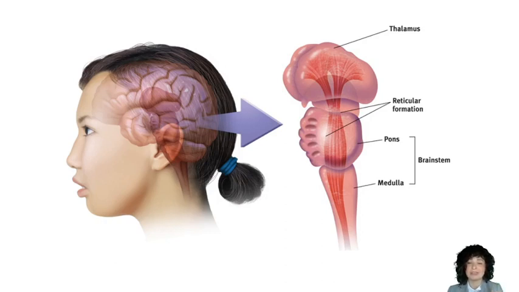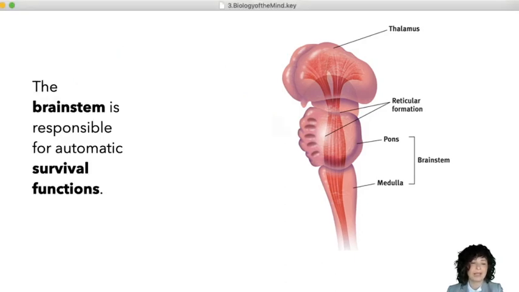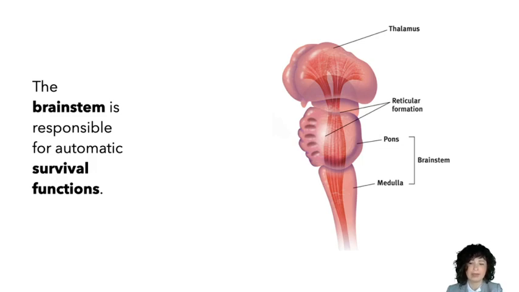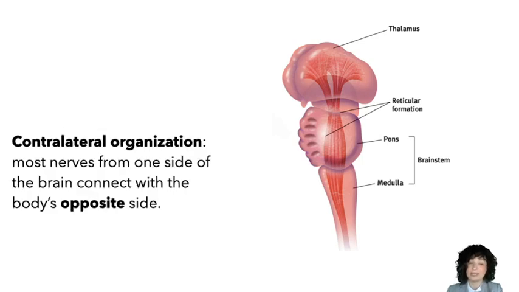And because this is the evolutionarily oldest part of the brain, it's also the part that's going to be doing all of that super basic stuff, all of the stuff that was our very basic building blocks for being alive. So the brainstem is generally responsible for automatic survival functions like breathing, like heartbeat, like blood pressure. And it's also where contralateral organization starts.